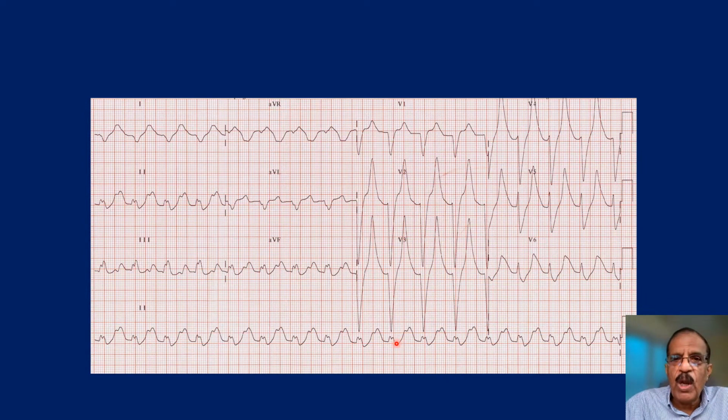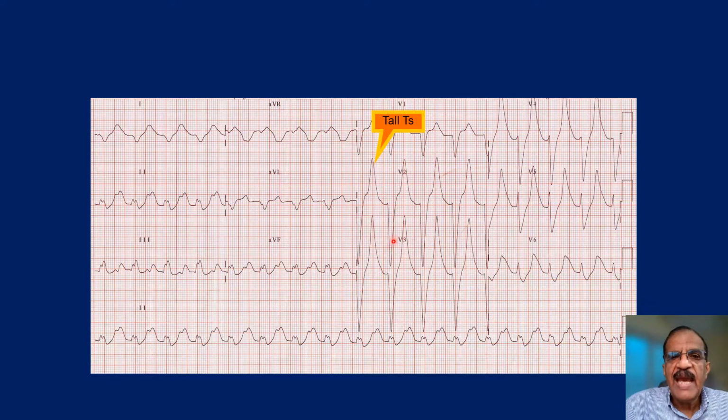So let me point out the abnormalities. I'm sure you have figured out some of them, but let me point out some of them and then we discuss them one by one. The very, very obvious tall and narrow-based T waves, and they are present almost everywhere.